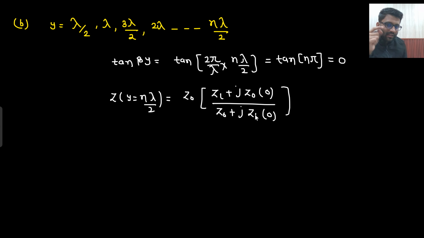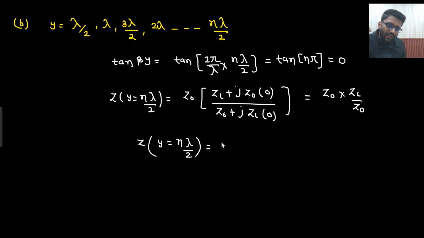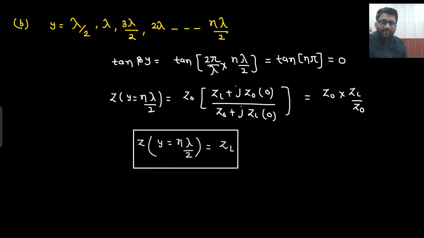ZL into 0 is 0, Z naught into 0 is 0. So what you are left with is Z naught into ZL upon Z naught. Your impedance at lambda by 2 away from the load is equal to ZL only.